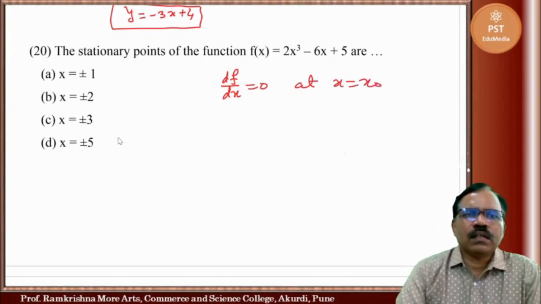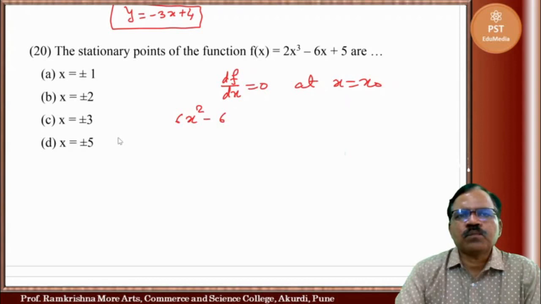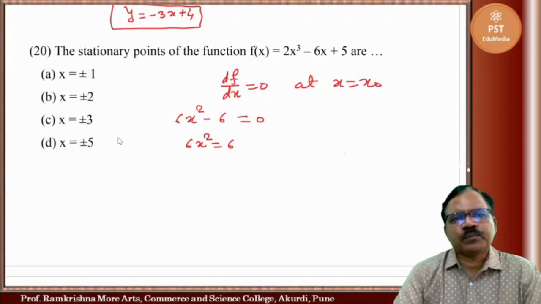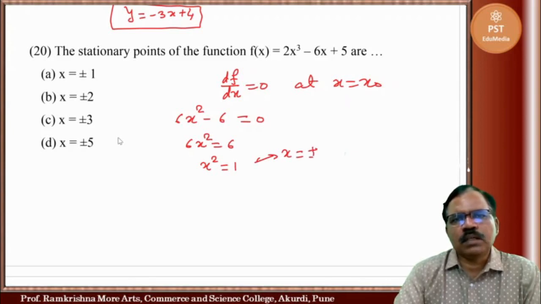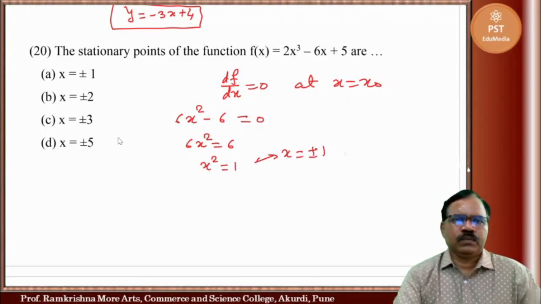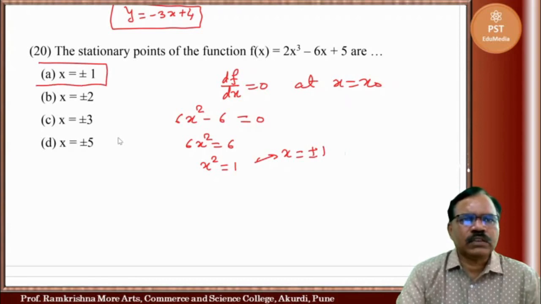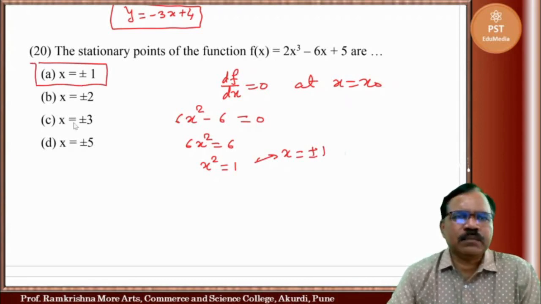So here we will get 6x square minus 6 is equal to 0, that is derivative. So 6x square is equal to 6. So x square is equal to 1. So this gives you x is equal to plus or minus 1. These are stationary points.